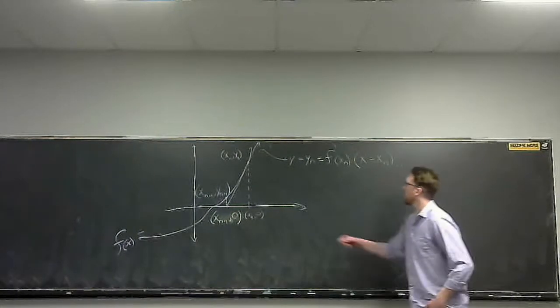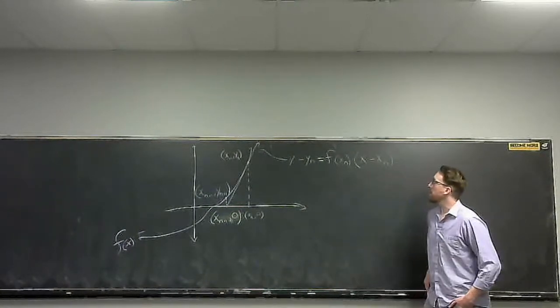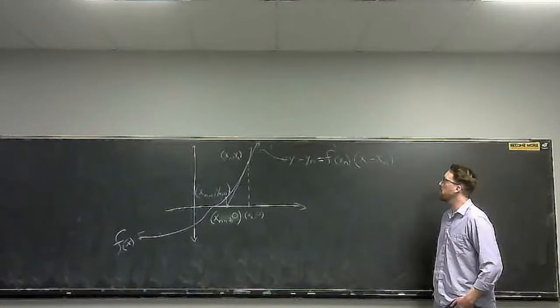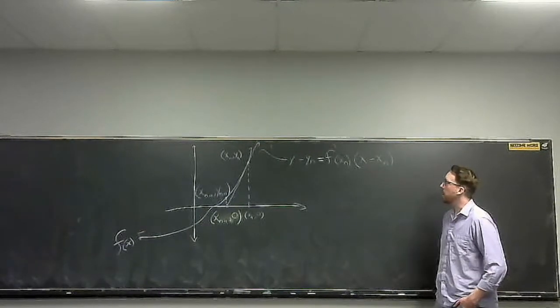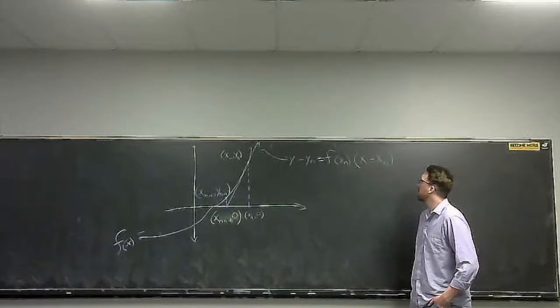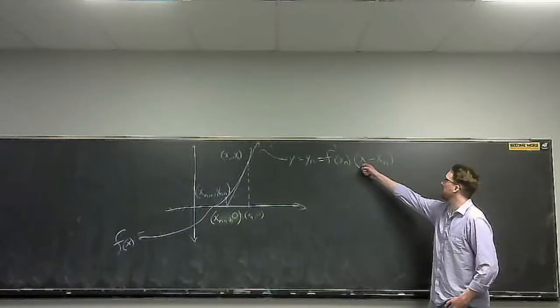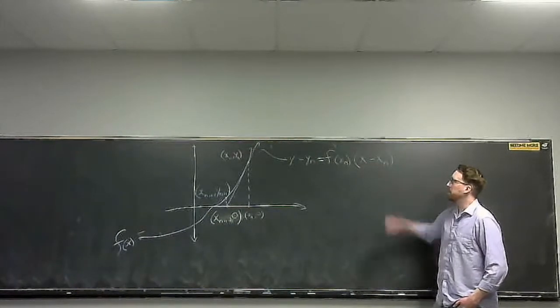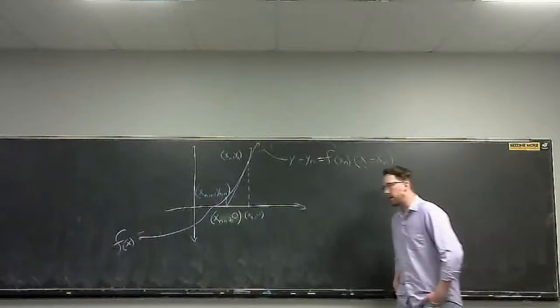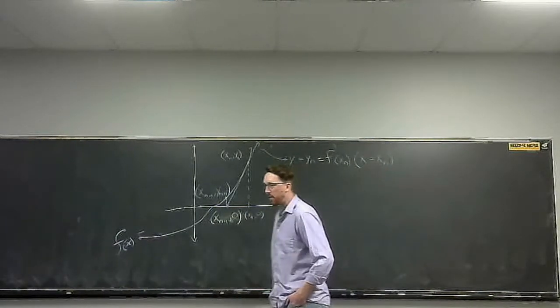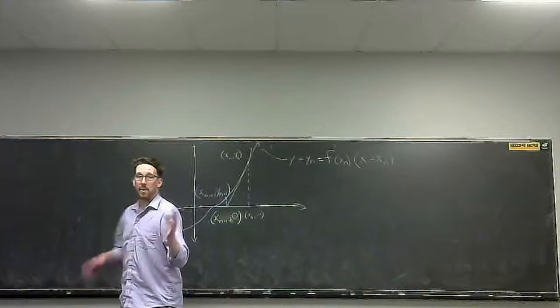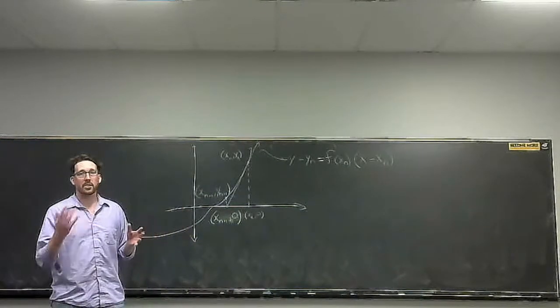That tangent line is going to look like y minus yn equal to f prime at xn times the difference x minus xn.